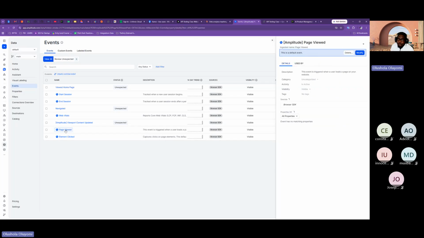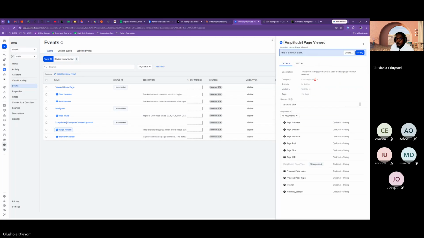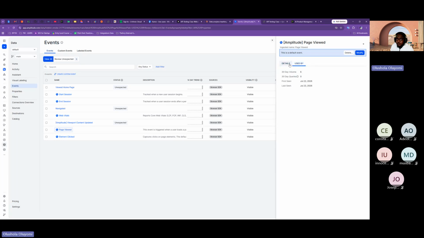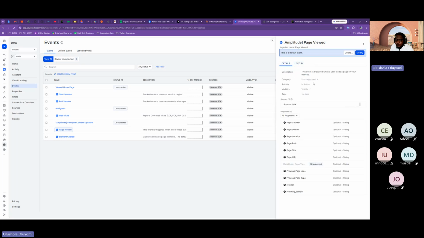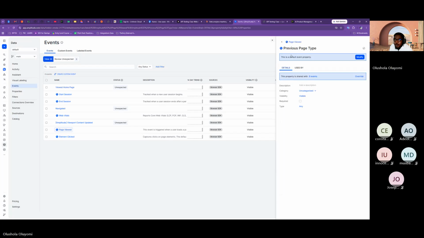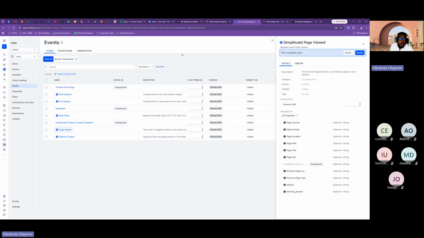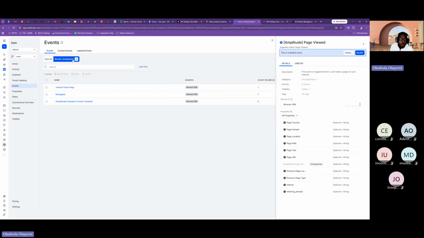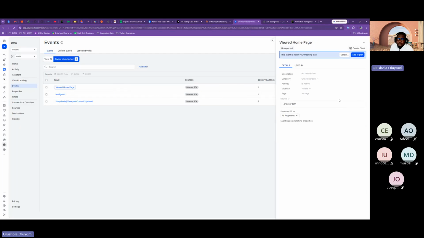Page view. Like I said, I've not used Amplitude before. Let me see the properties. Optional. Okay. Let me look for homepage view.